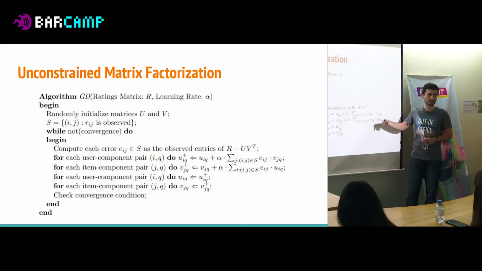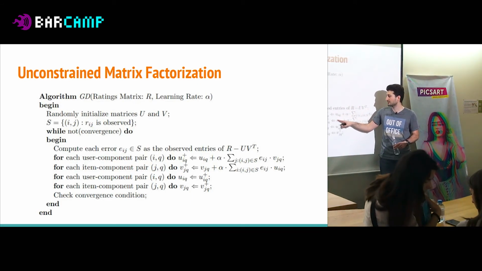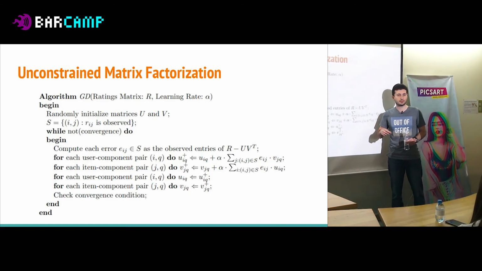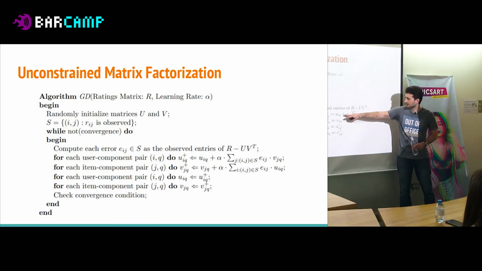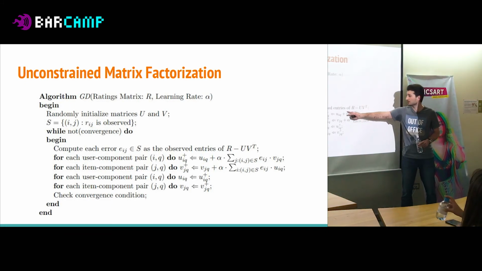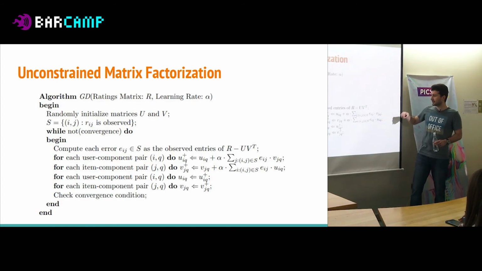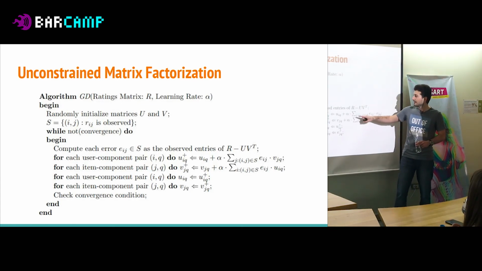This is a gradient descent update that takes, in our case, at the first step, a randomly initialized value of user i, q latent factor value, and adds, because the minus goes here, the learning rate times the value of the gradient. And we do this for every user item pair.